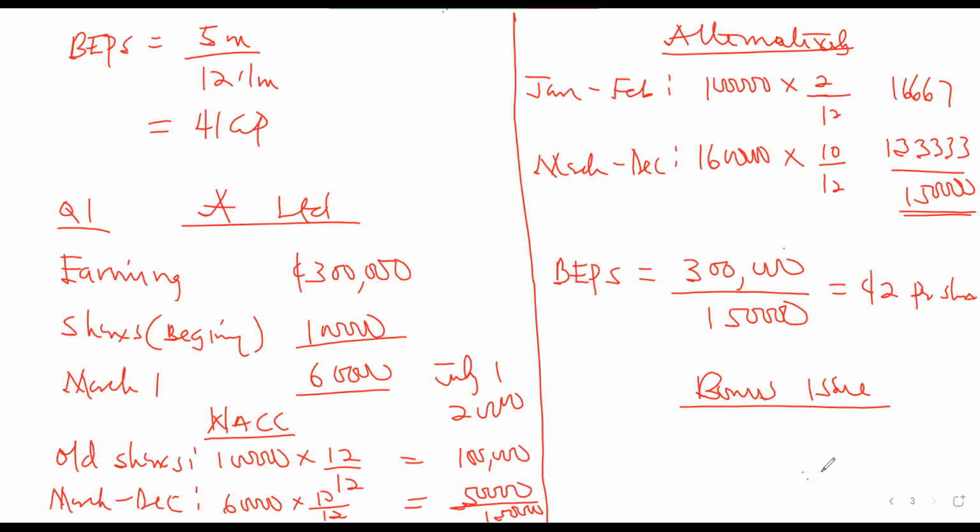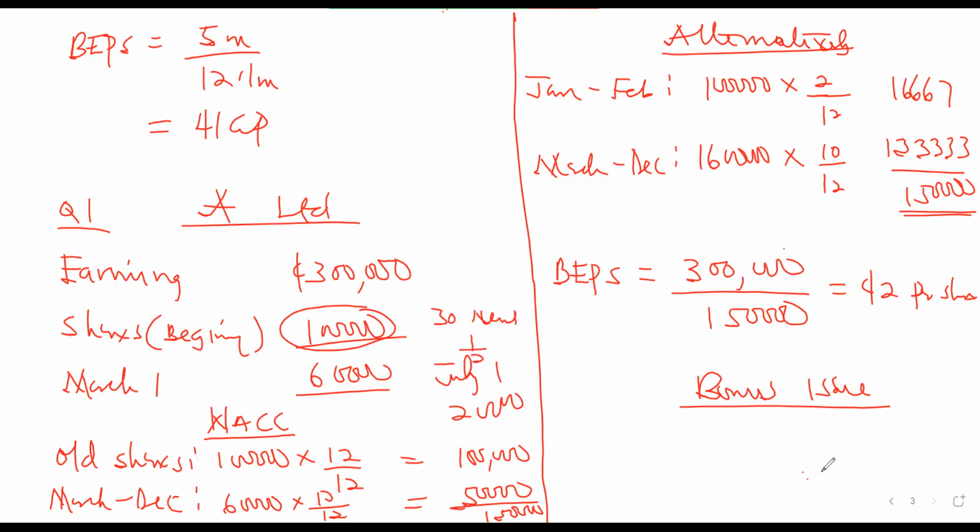So no matter when the bonus issue is done, it will be assumed to be in existence from the time the company started operating. So bonus issue on existing shares is not time apportioned. So if you have the 100,000 and 30th November, the company made a bonus issue of 142.